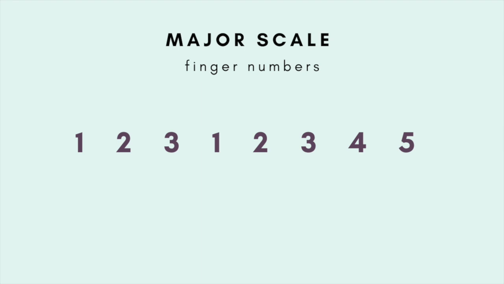So to play a major scale, you'll use fingers 1, 2, 3, then 1, 2, 3, 4, 5. You can pause the video and try to tap it out on your table or in a book so you can get the feel of it. You can also practice on the piano, and we'll get to that in a second.